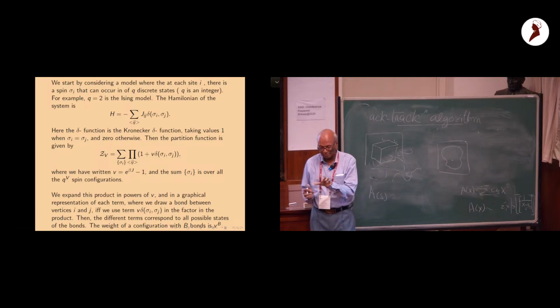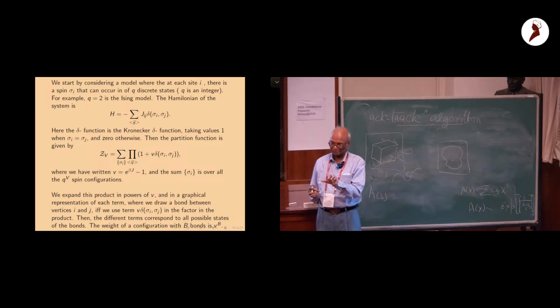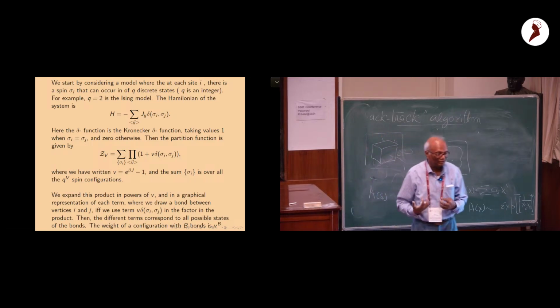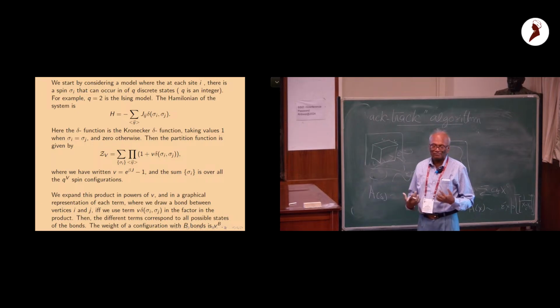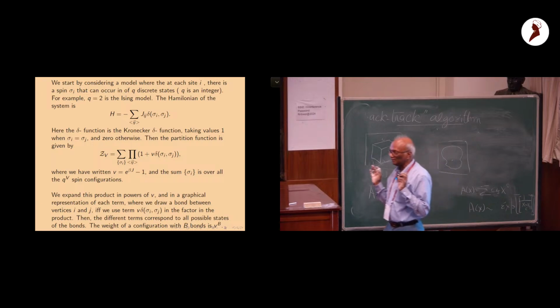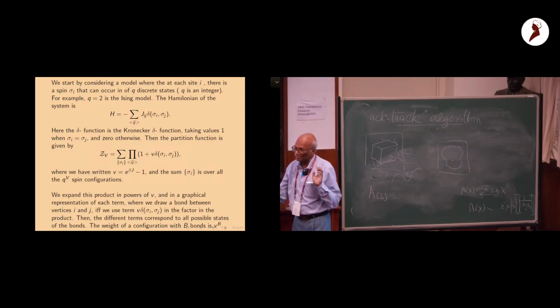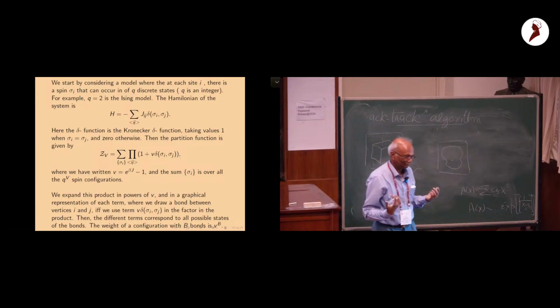If there are two neighbors with the same type, both of them are type q equal to 3 or whatever, same value of q, same spin, then there is a lower energy. And if they are unequal, then whatever it be, if this is 2, this is 3, or this is 2, this is 5, the energy is 0.